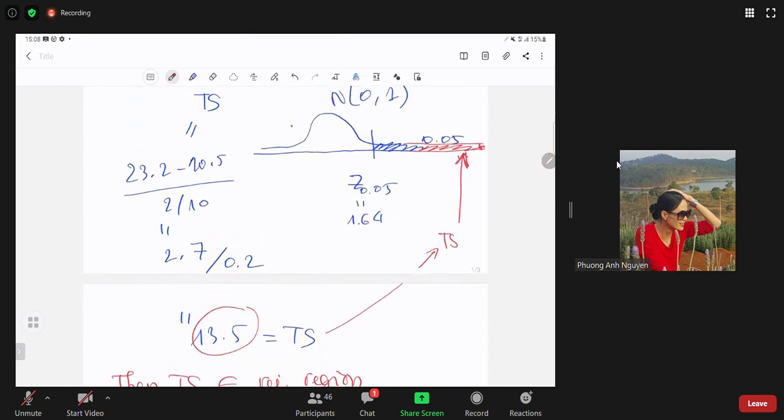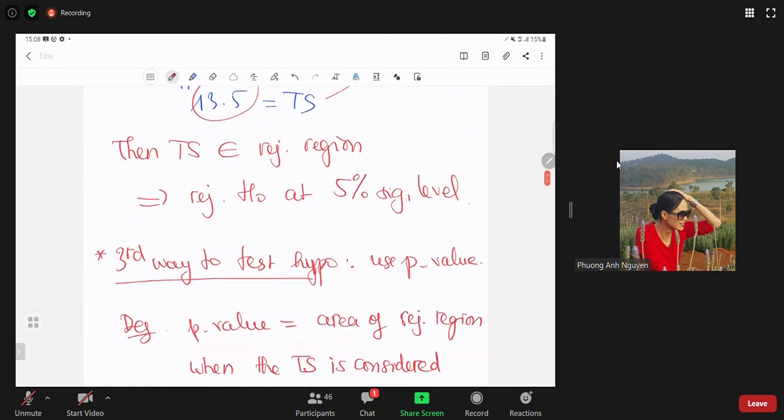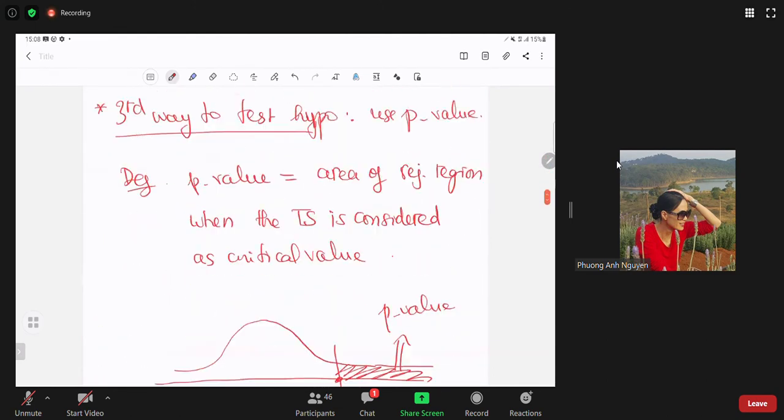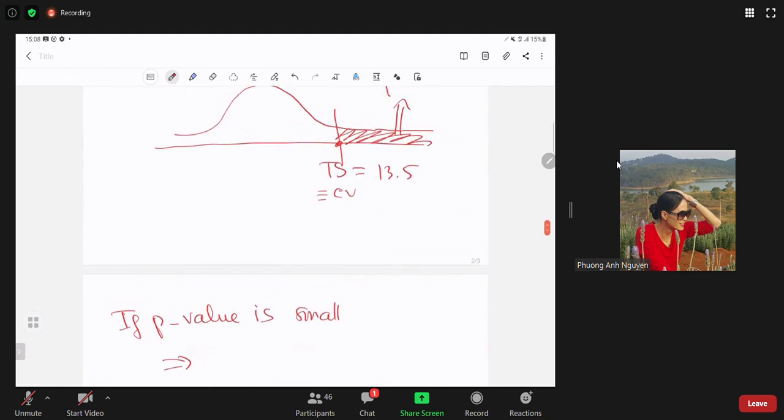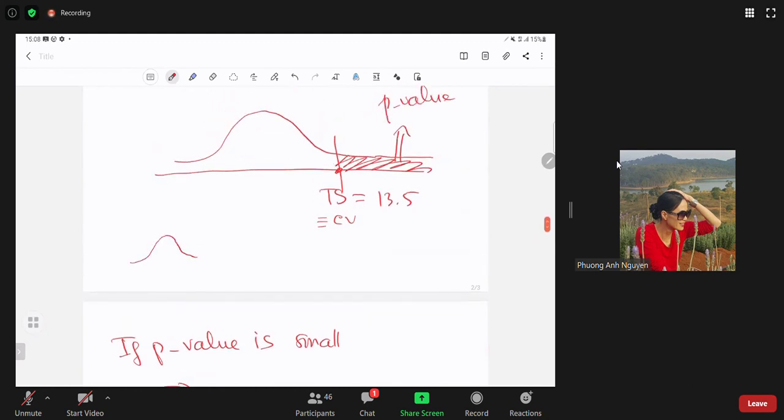If I draw it, I get something like this. 13.5 is very, very far away, and the rejection region is here. So it's rather far away. The p-value is small.